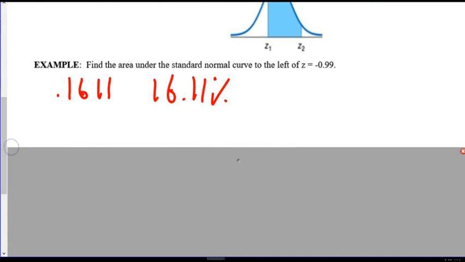Now, at first you might think that doesn't sound right, but it's negative 0.99. If you think about it, negative 0.99 is very far to the left, and therefore it's going to be a small percentage.